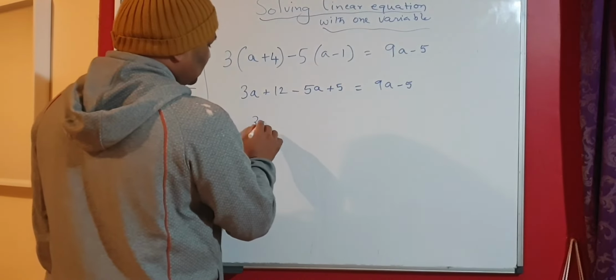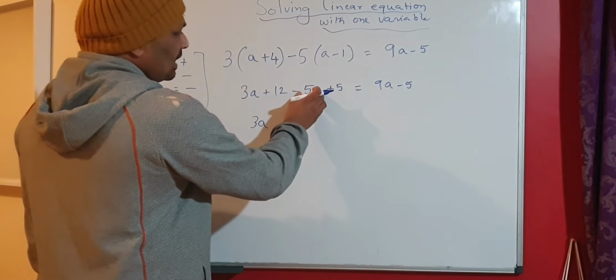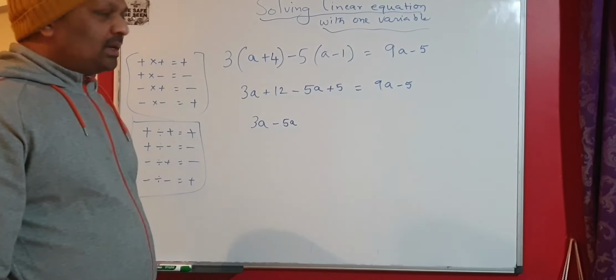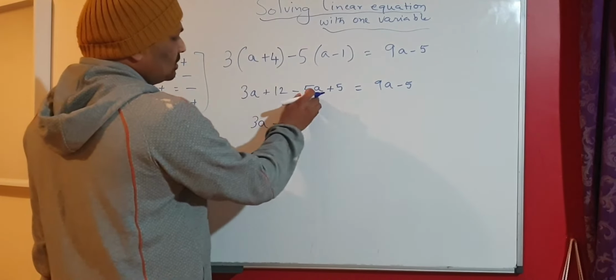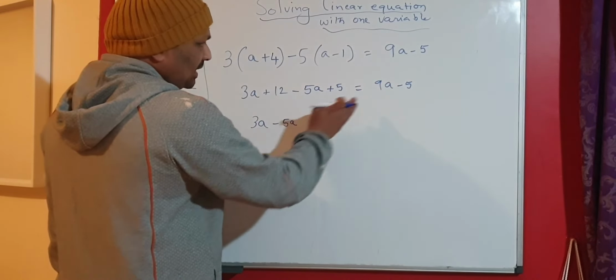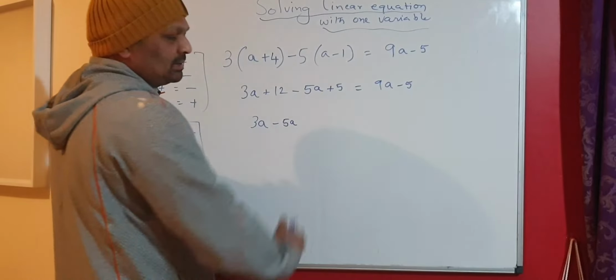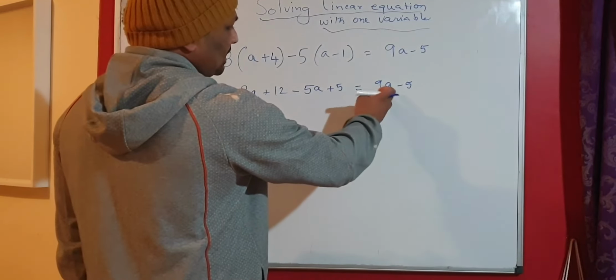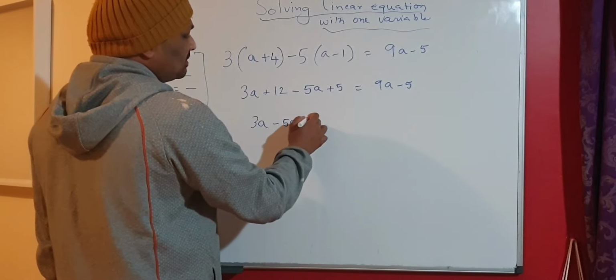So 3a is a term that has an unknown, and minus 5a also has an unknown quantity in it. These two we leave on the left side, and plus 9a is here on the right side. If you take it to the left side, it becomes minus 9a.